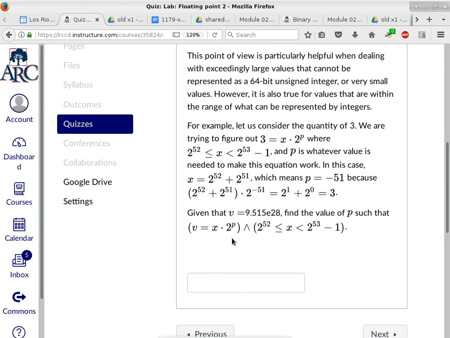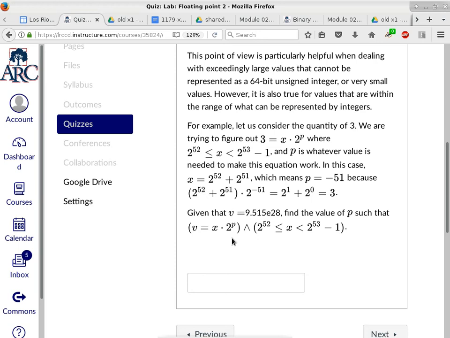But the extra requirement is x itself has to be between 2 to the power of 52 and 2 to the power of 53 minus 1. So now you have to ask the question, if x has to be between these two quantities, how is that going to help you answer the question?